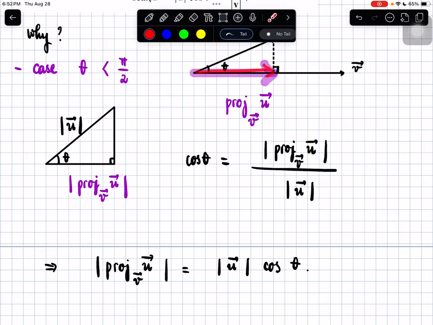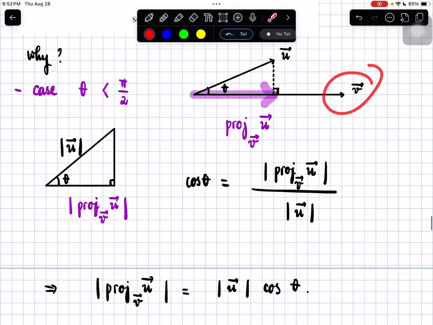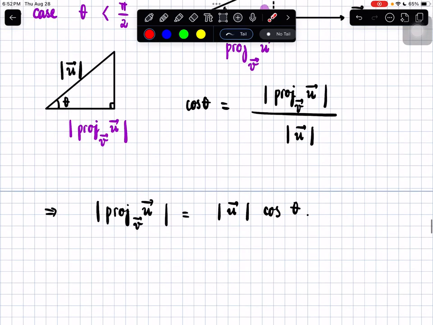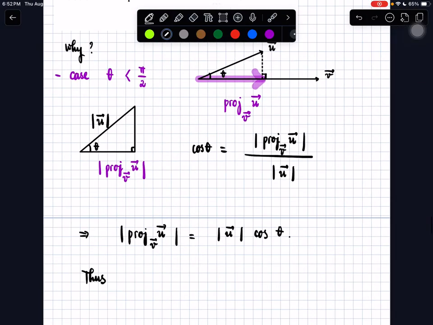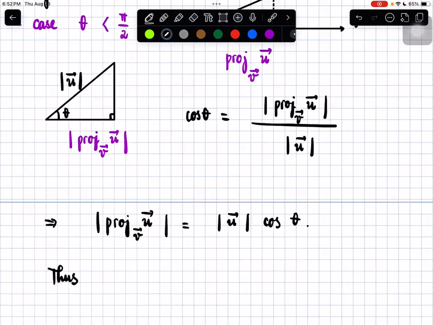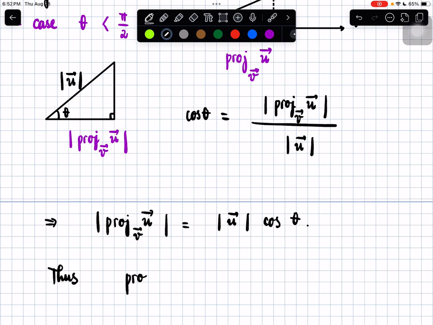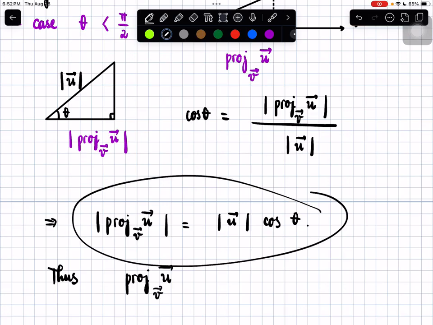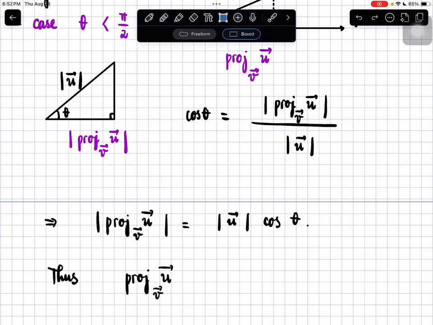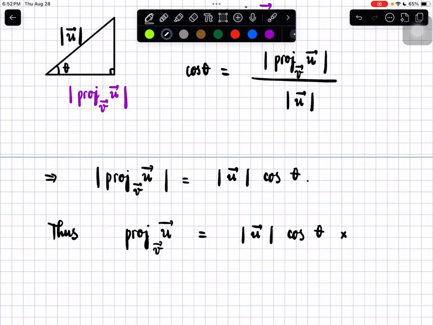So now we have the length of the projection vector. That projection vector goes in the same direction as v. So to form the vector, we just multiply by the unit vector of the same direction as v. The projection vector, the actual vector, not just the length, of u onto v is a vector with this length, right? So this is the length, and times the unit vector with the direction of v, right?